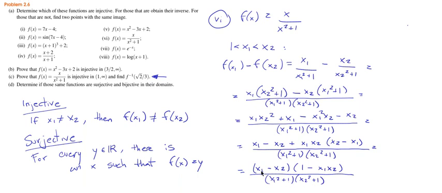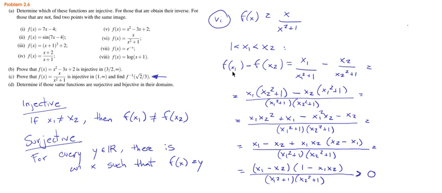But x1 minus x2 is negative, and 1 minus x1 times x2 is also negative, because x1 and x2 are greater than 1. So this is going to be negative and this is going to be negative. This thing will always be greater than 0. It can't be equal to 0.